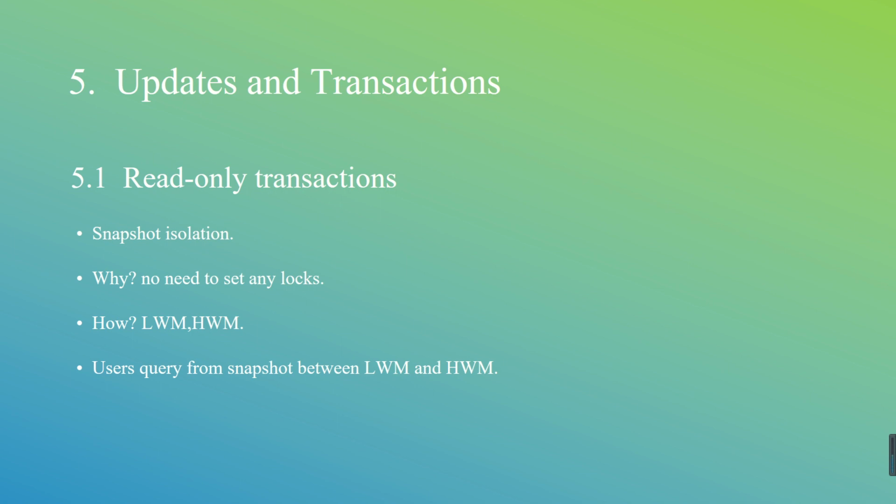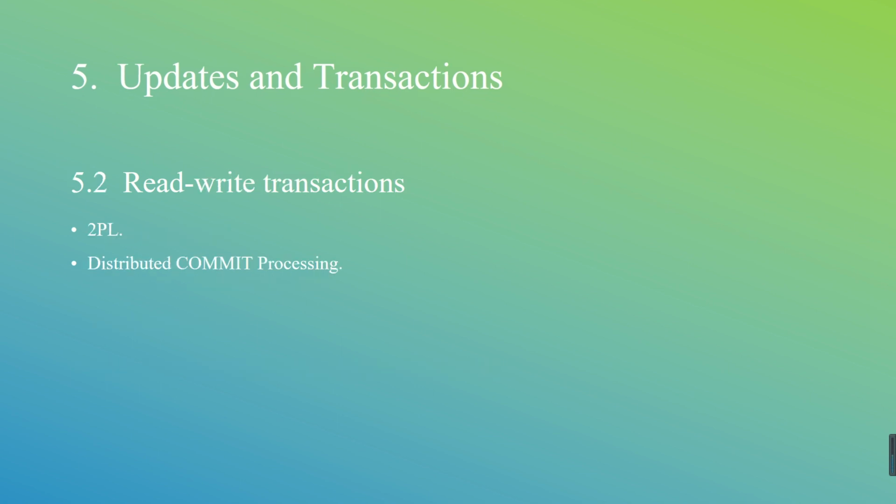For read-write transactions, C-store applies traditional two-phase locking. It's also worth noting that in C-store, the distributed commit code differs from two-phase commit, because the master in a C-store transaction does not prepare the worker side.